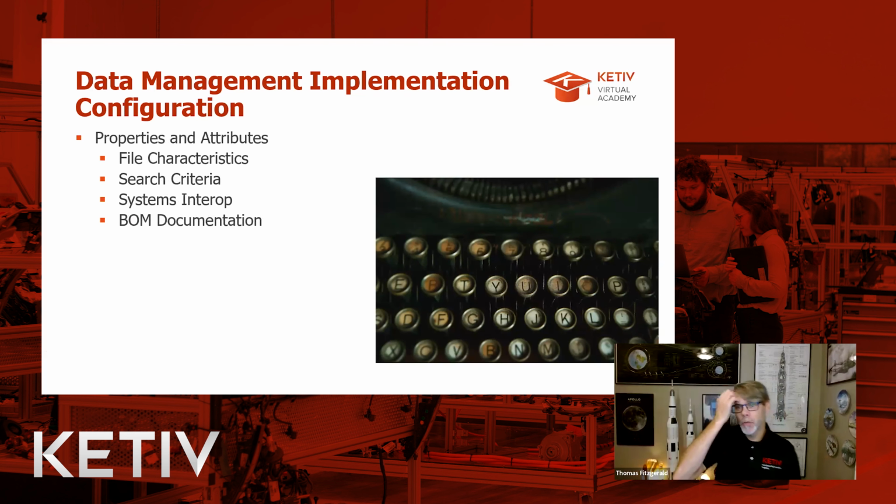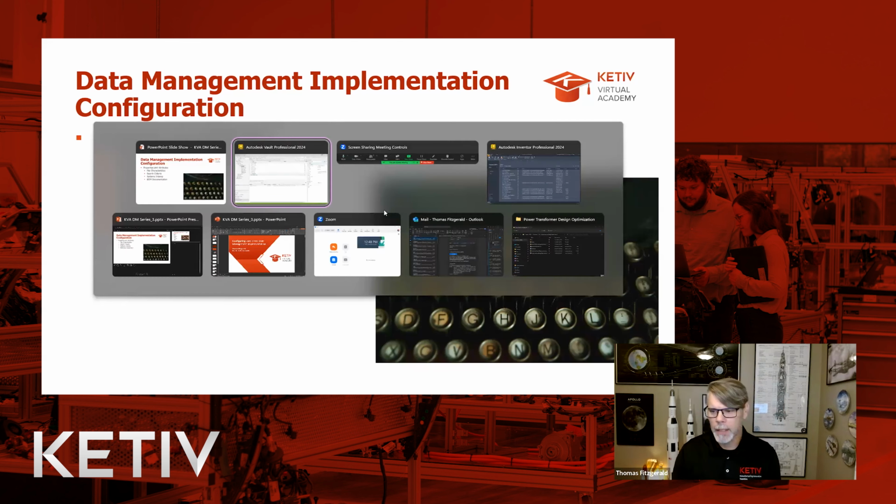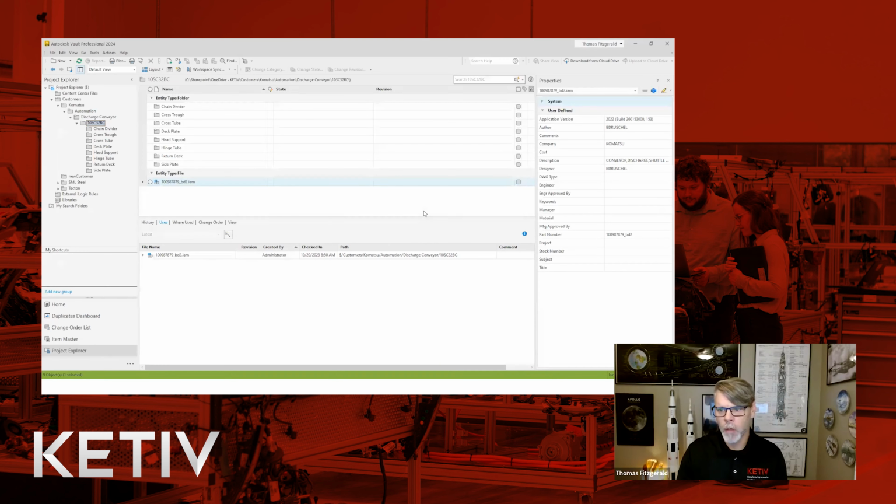When it comes to configuring properties and attributes, some of the things we want to pay attention to are listed here as these bullet points. The reason this is important and deserves attention all by itself is that inside the context of Vault, our data management application, properties are everything.